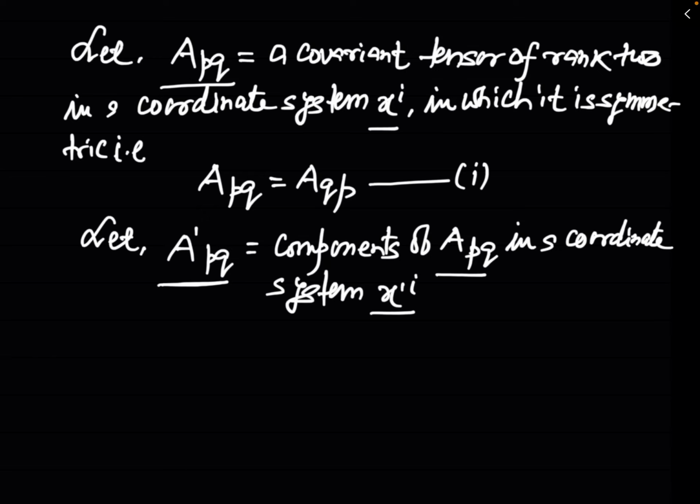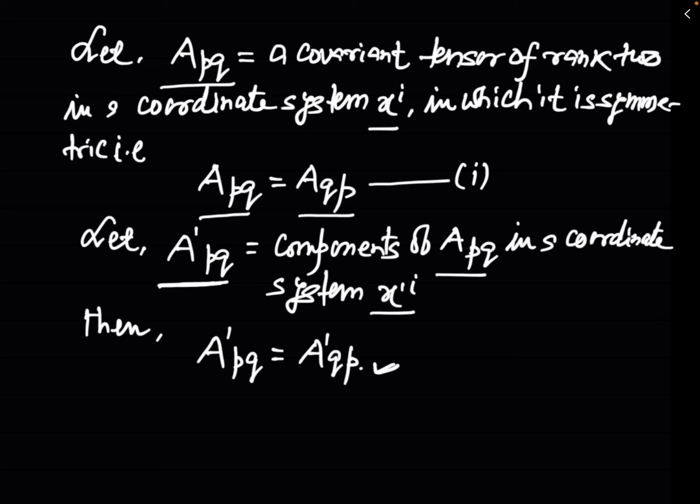Then according to this theorem, if this tensor Apq in coordinate system xi is symmetric, that is Apq is equal to Aqp, then according to the statement of the theorem, this tensor A prime PQ will be also symmetric with respect to the indices P and Q. Then we have to show that A prime PQ is also equal to A prime QP. This is the result actually which we have to prove.